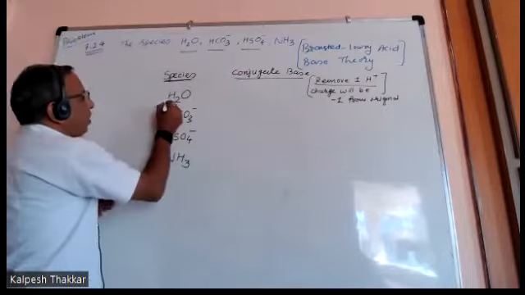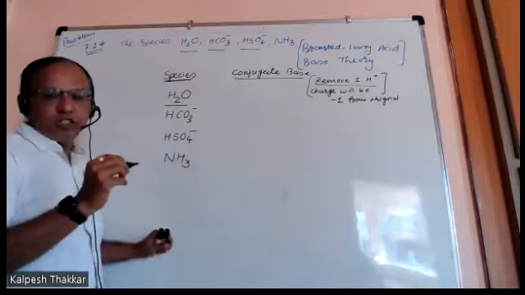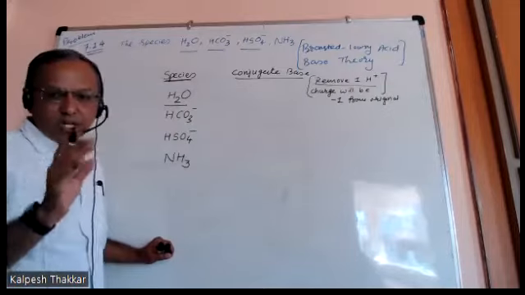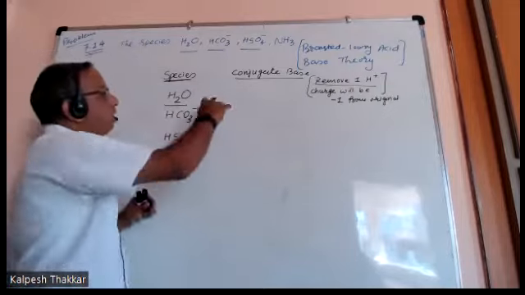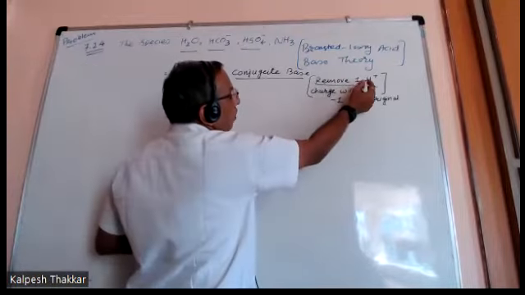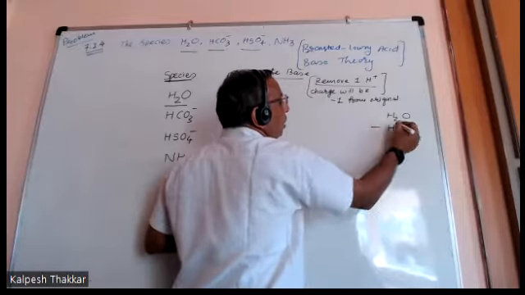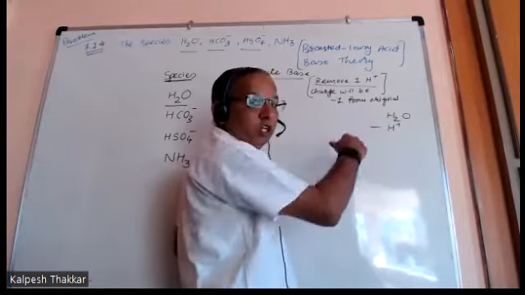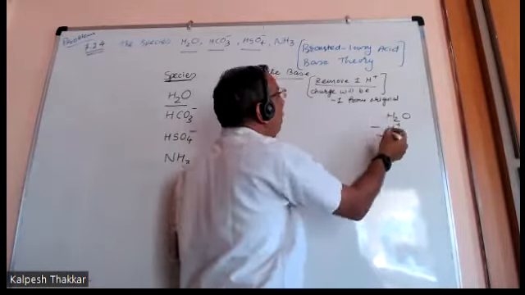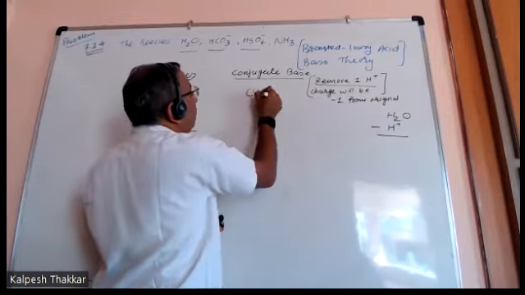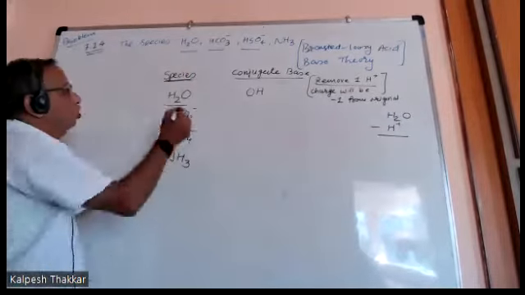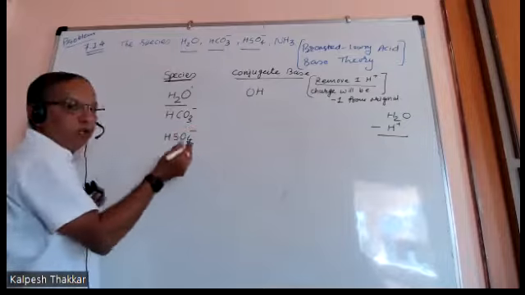For example, friends, H2O is given. H2O is to be considered an acid. In that case, its conjugate base can be obtained. This is H2O minus H plus, removal of H plus. So what will be left? The left part will be OH. What is the charge of H2O? It's 0, right friends?